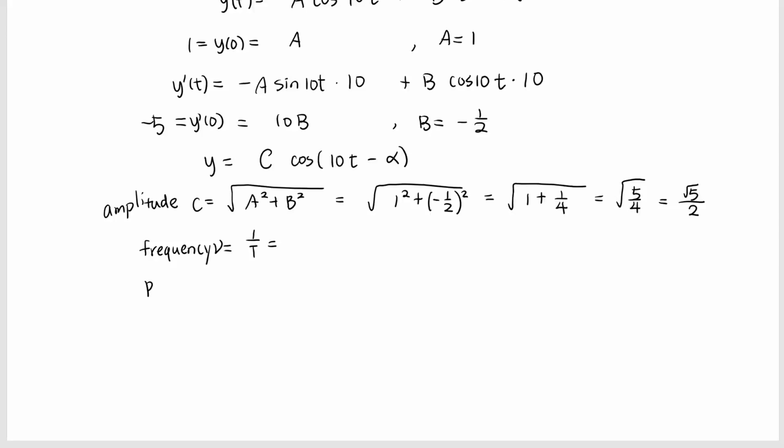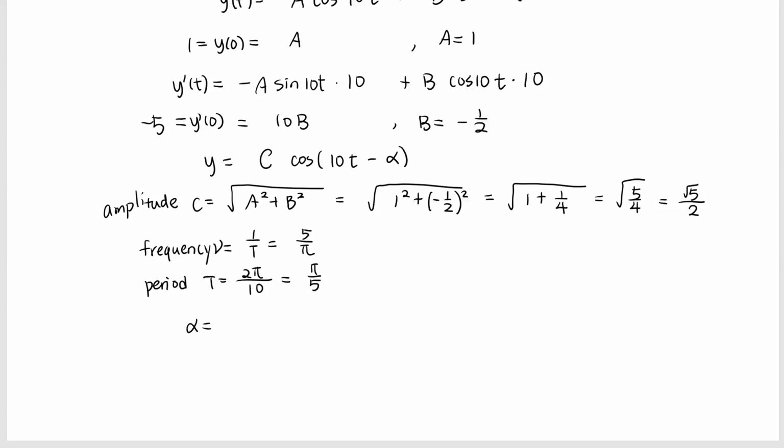So period is 2 pi over omega 0, which is the coefficient of the t in the cosine, which is 10. So that is pi over 5. Then the frequency is the reciprocal of the period. So that is 5 over pi. So far, so good.